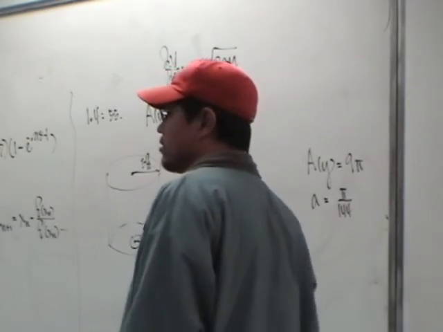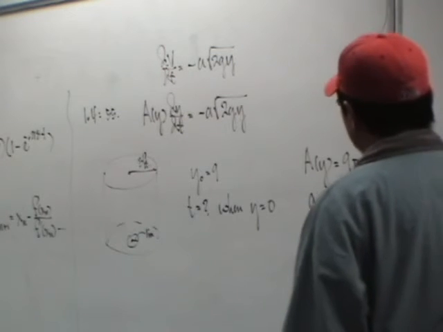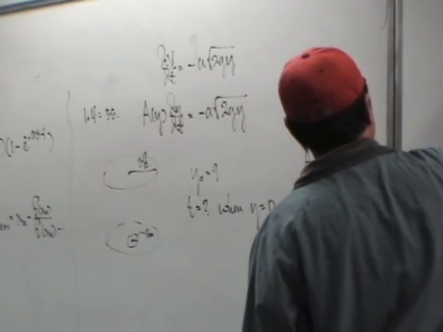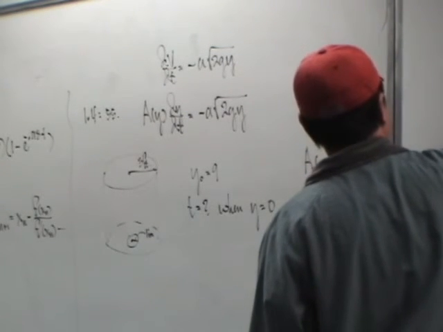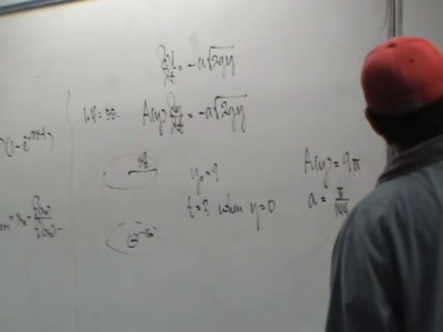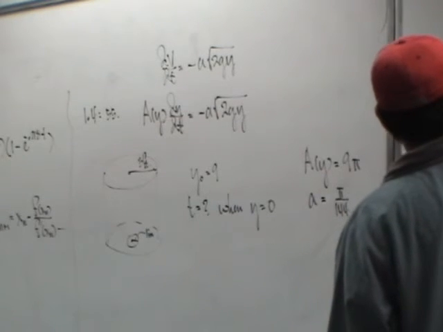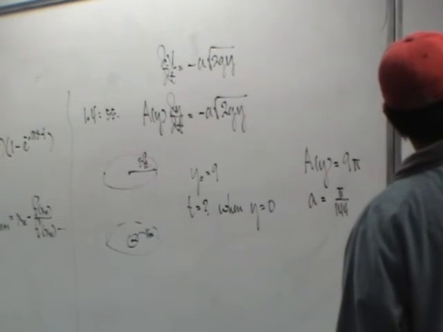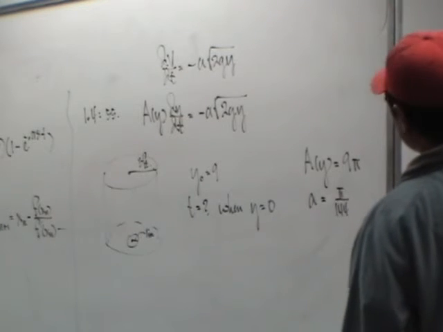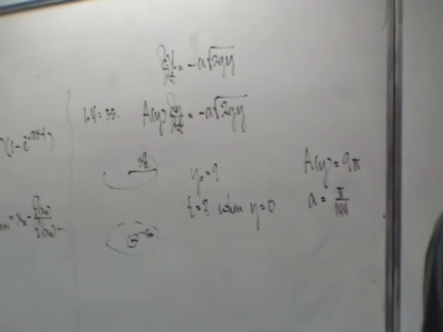You should be able to do that pretty simply. So 9 pi dy/dt is equal to negative pi over 144 square root of 2g, this is in feet, so 2 times 32 times y.